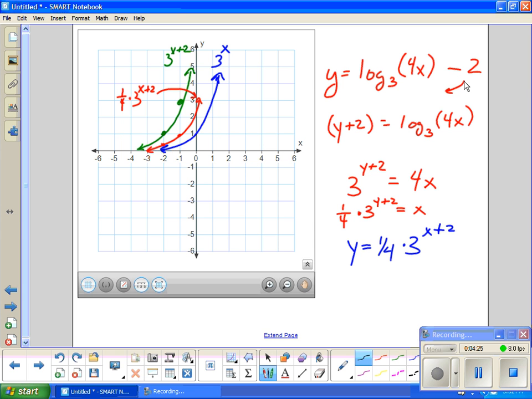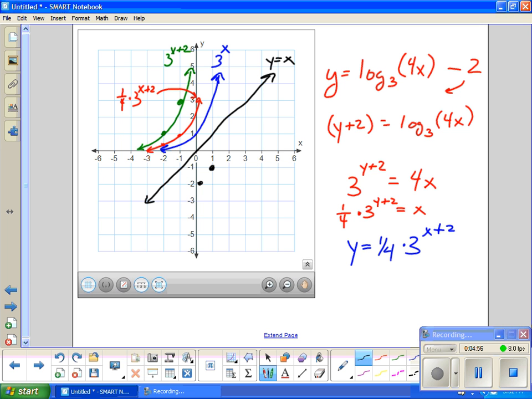Now, I can reflect that across y equals x. So my point here, -1, 1, becomes 1, -1. My point, -2, 1/4, becomes 1/4, -2. And if I do this, then, and I can keep on going, I suppose, if I want, -1, 3 becomes 3, -1.